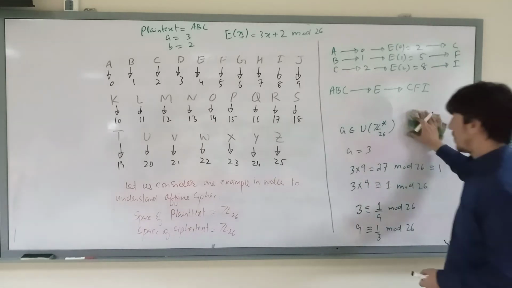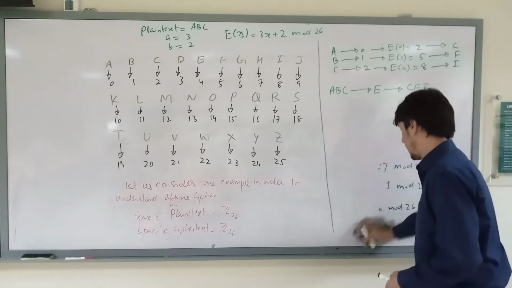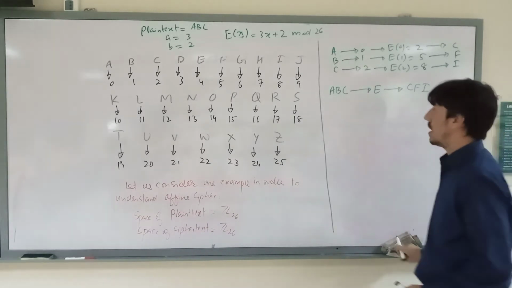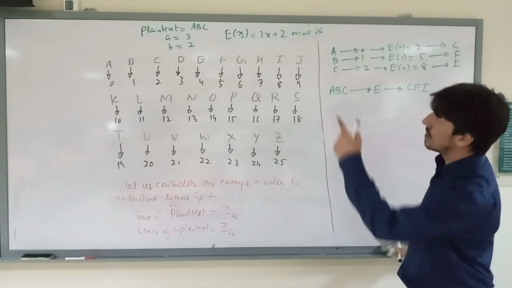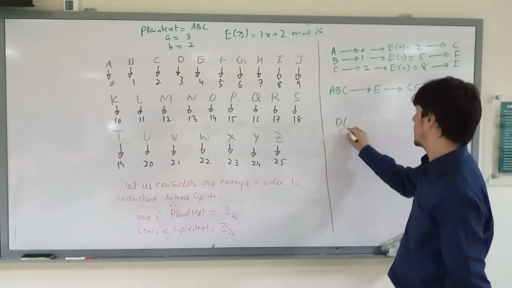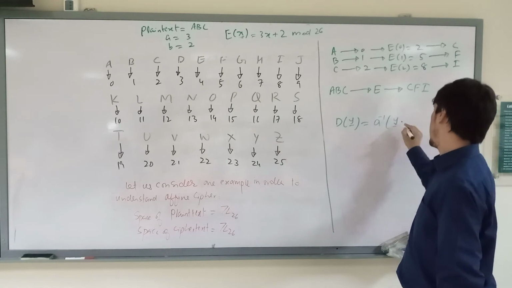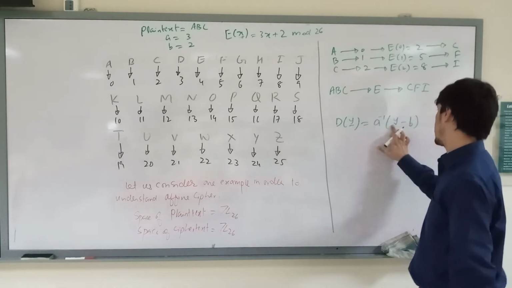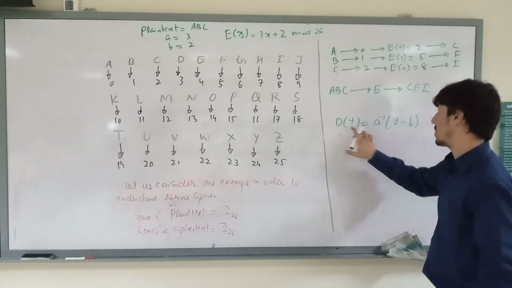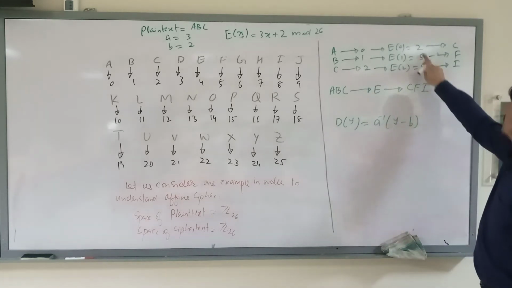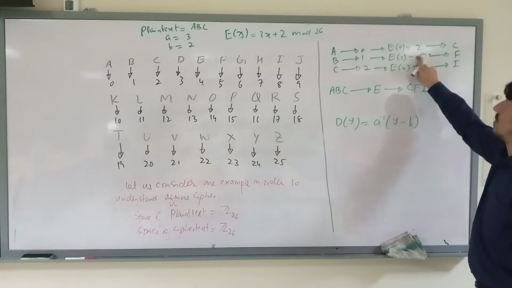Now I have to apply the decryption function. For the decryption function I have to know the inverse of A: A inverse times y minus B. Here y is the output, y1, y2 and y3.